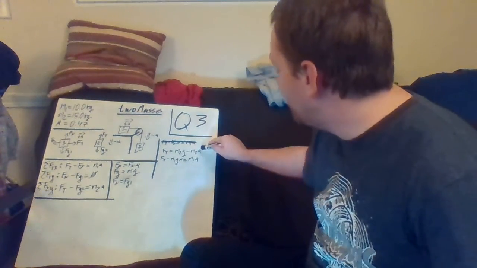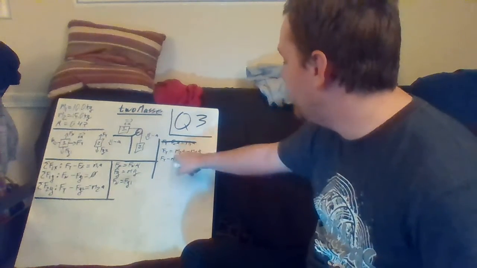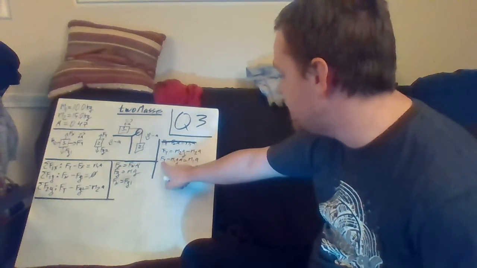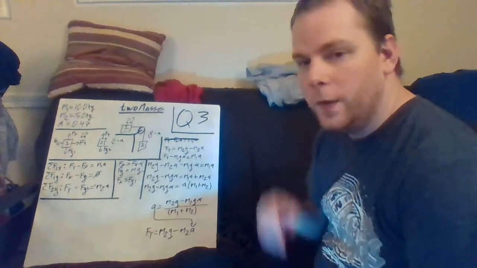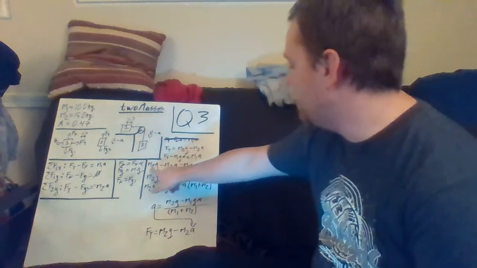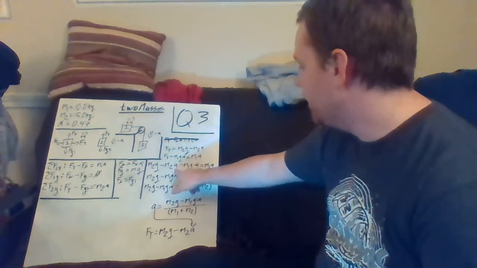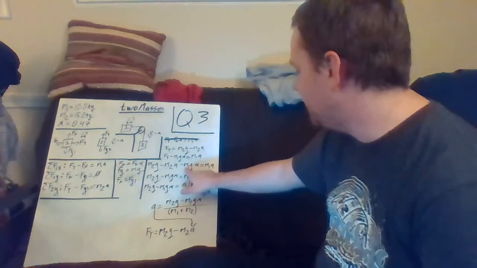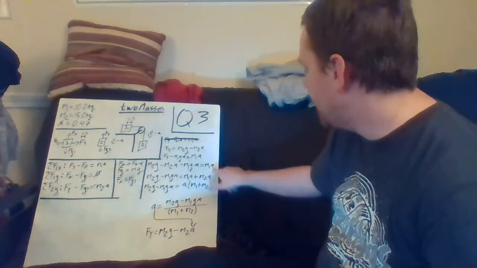Now we have this equation solved for Ft, so we can plug this in for Ft here, and then solve for a. Once we plug it in, we get m2g minus m2a, which is Ft, minus m1g mu equals m1a.